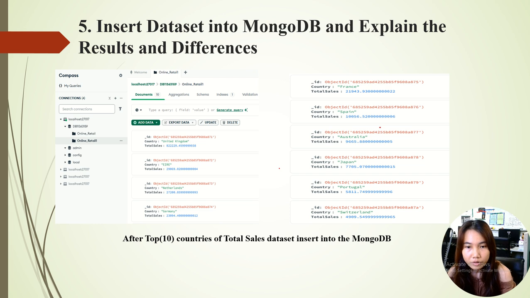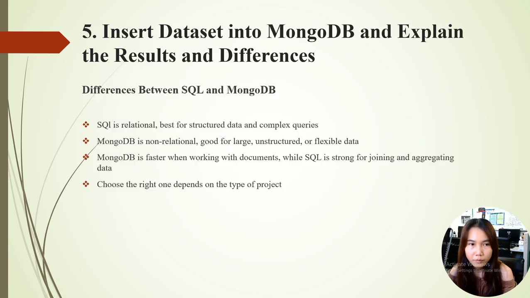It can help to compare the results of SQL and MongoDB. In this project, I use the same datasets for MongoDB and SQL. However, the structure is totally different. Let me summarize the differences.